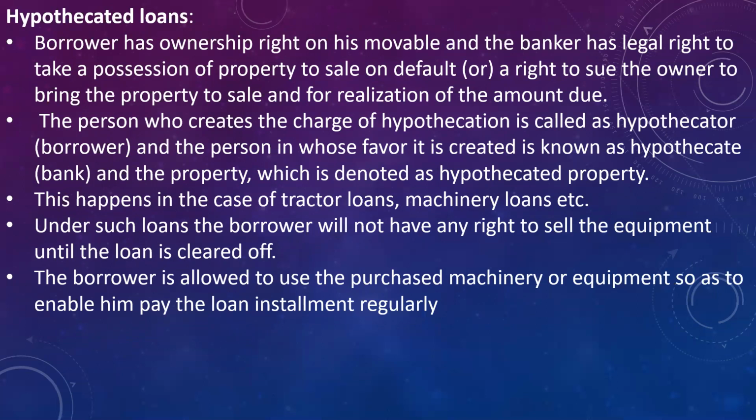Here, the person who takes the loan is called the hypothecator. The person who gives the loan is called the hypothecatee, that is the bank. Examples for hypothecated loans are tractor loans, machinery loans. So any type of loans taken on vehicles, machineries come under the hypothecated loans. Generally, they are long-term loans.